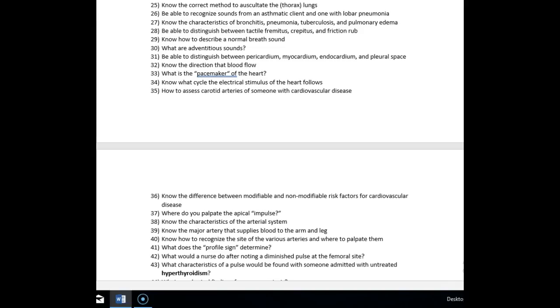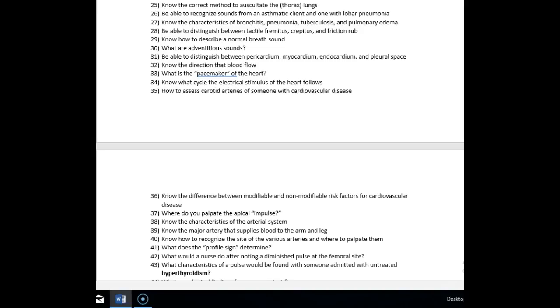Then the current flows in an orderly sequence. First, it goes across the atria to the AV node in the atrial septum, and it's delayed slightly, allowing the atria a little time to contract.